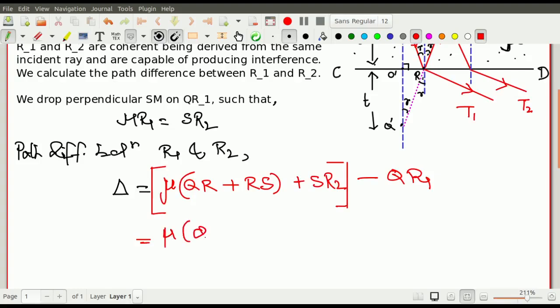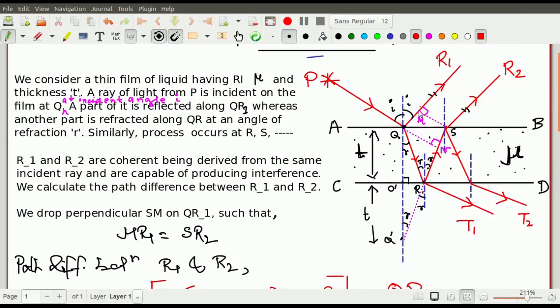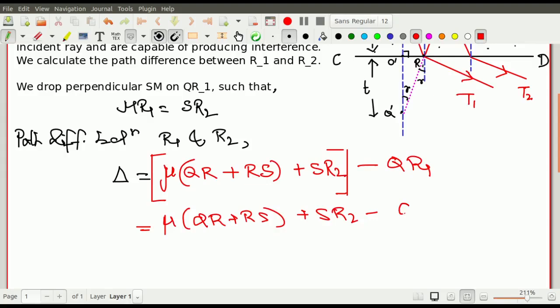So mu times QR plus RS plus SR2, minus QR1, and this QR1 can be divided into two parts: QM plus MR1. But MR1 and SR2 are equal, so you may cancel SR2 with MR1 because of the negative sign.